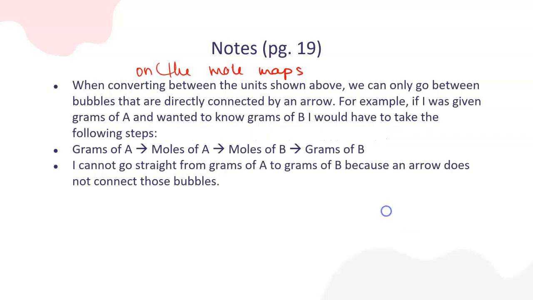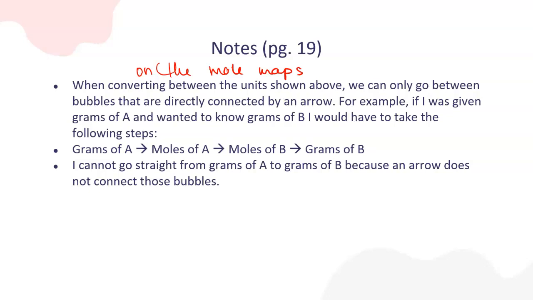So please take a second and flip to page 19. While you do that, I'm going to read. On the mole maps, they aren't above because I forgot to copy and paste them in. My bad. We can only go between boxes or bubbles that are directly connected by an arrow.